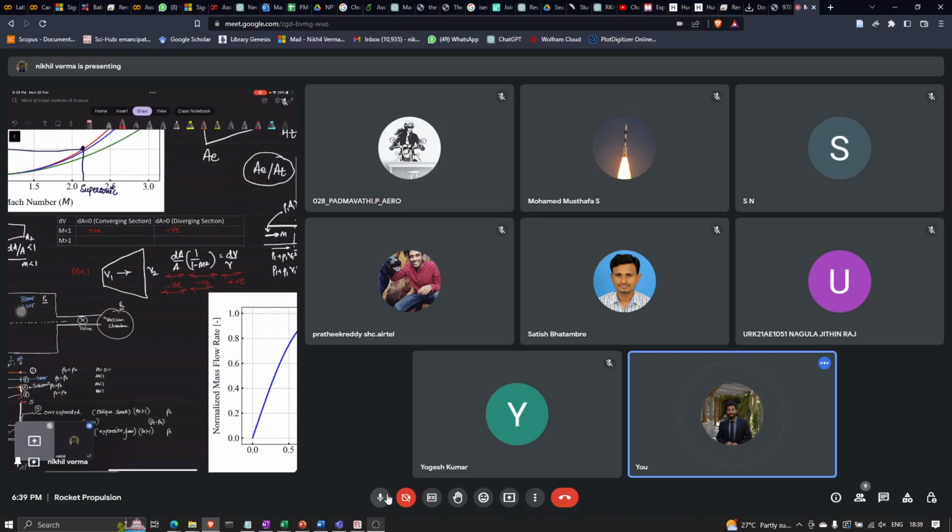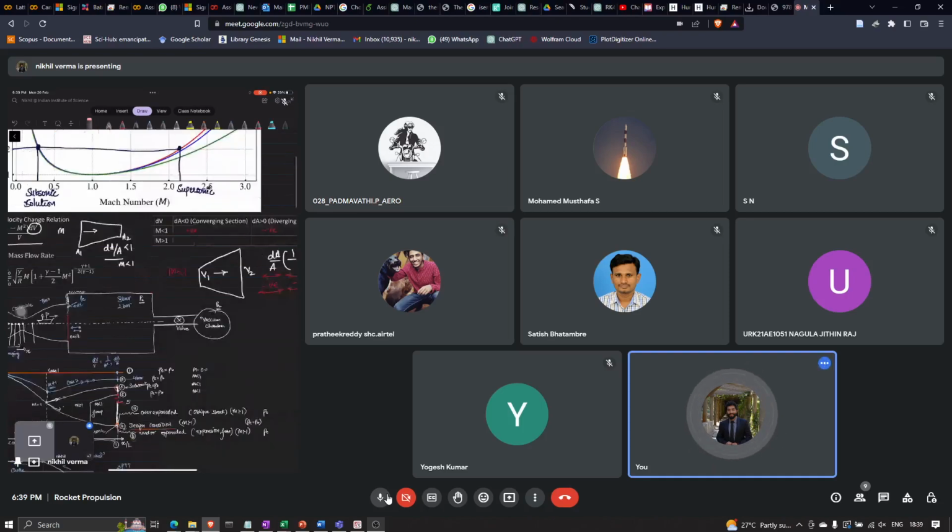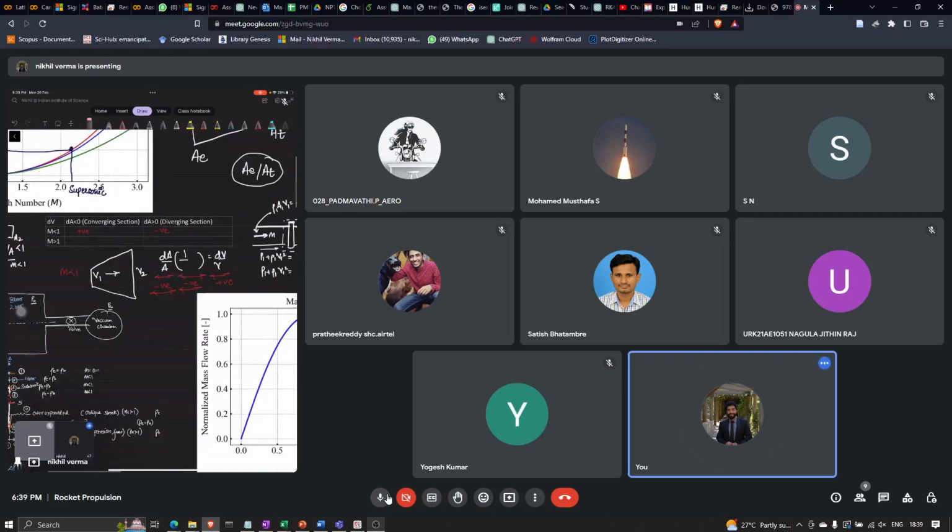Can you please check if this equation is correct? I feel it should be M square minus one. Can somebody please check?